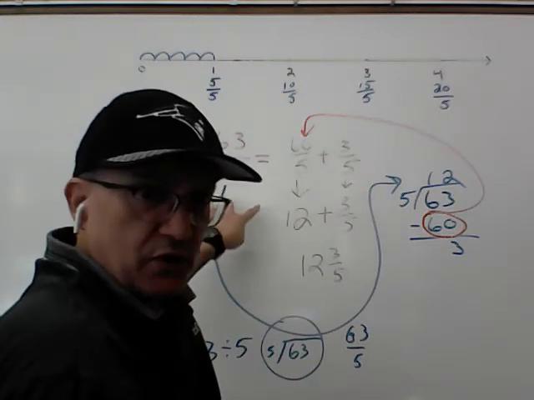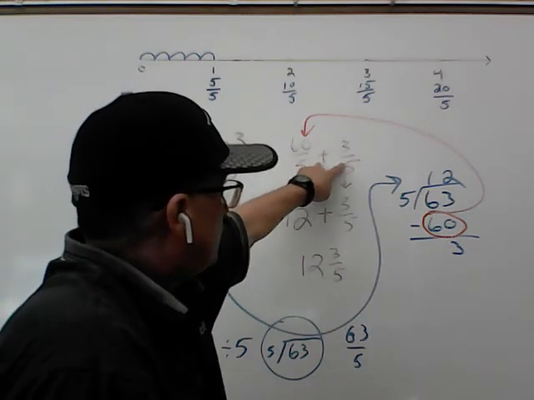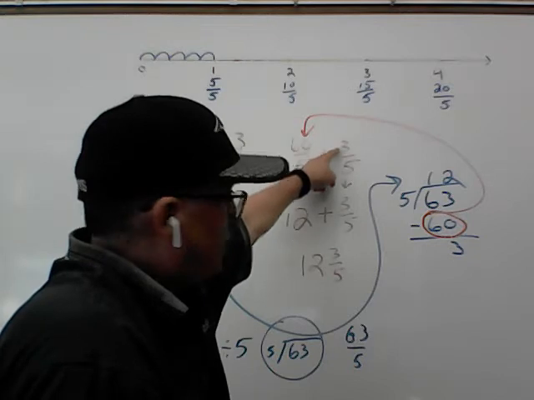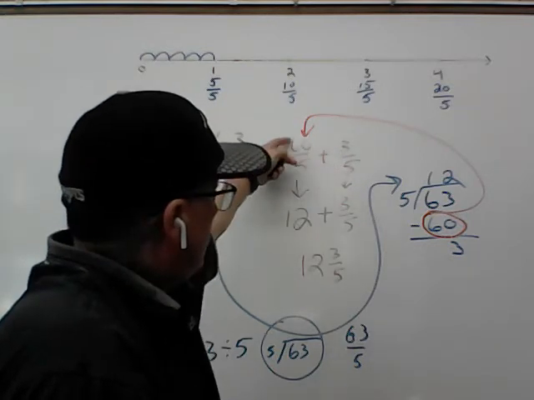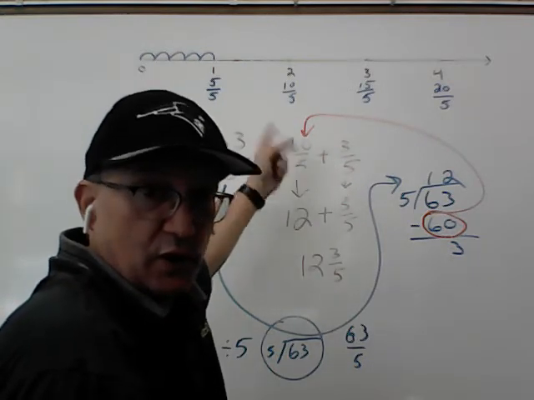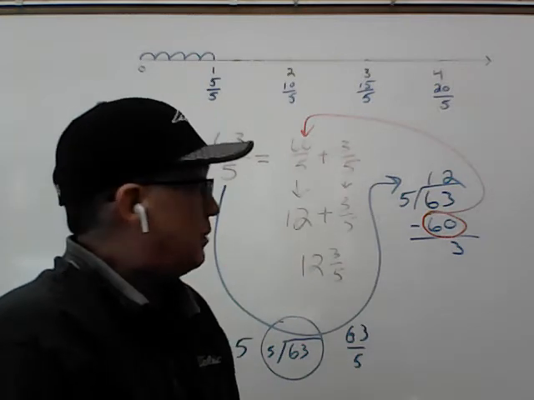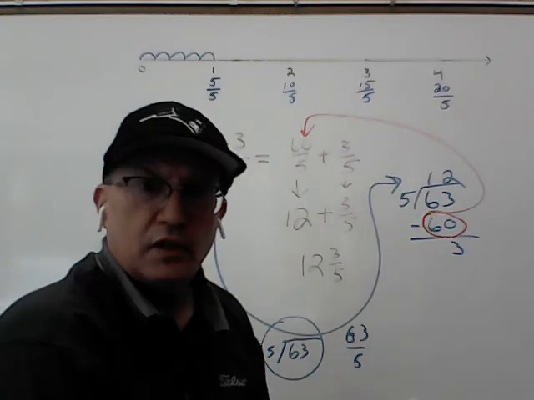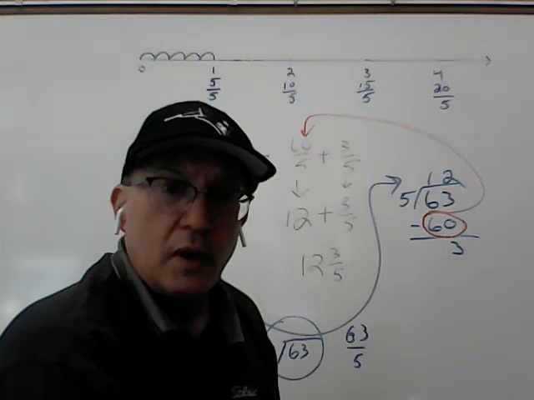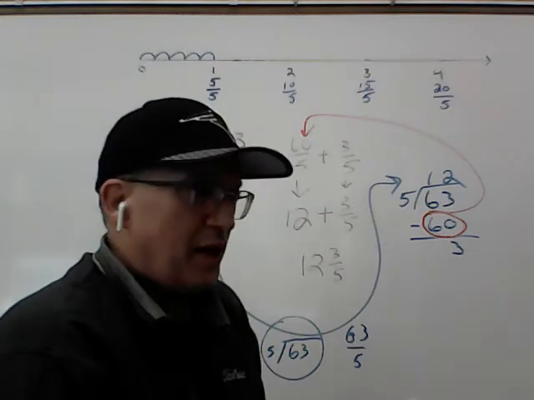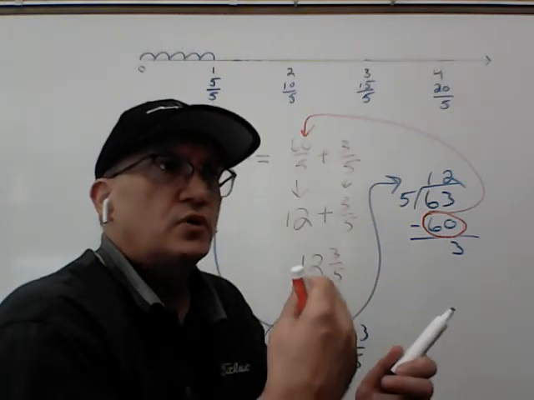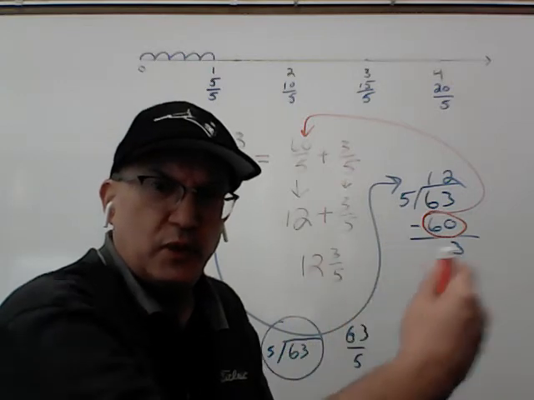To break down the 63 fifths as 60 fifths plus 3 fifths, making sure that this fraction over here is less than 1. And then, what is this as a whole number? It's 12. 60 divided by 5. And there it is in the long division algorithm, if you take that shortcut. Sometimes the long division algorithm sort of hides things because we do it digit by digit.